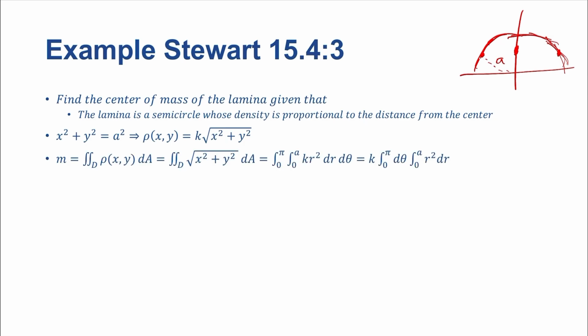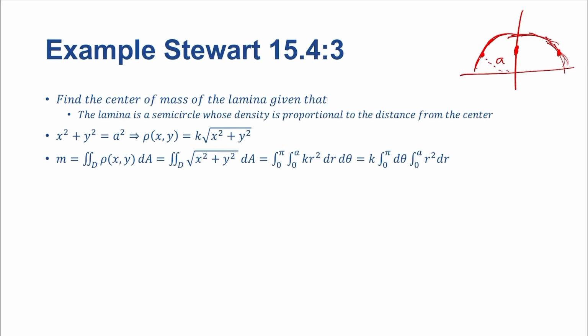So now we want to find the mass. The mass is something that we need to find before we can even find the moment and the y component of the center of mass. And we only want to find the y component. So mass is equal to the integral over density.